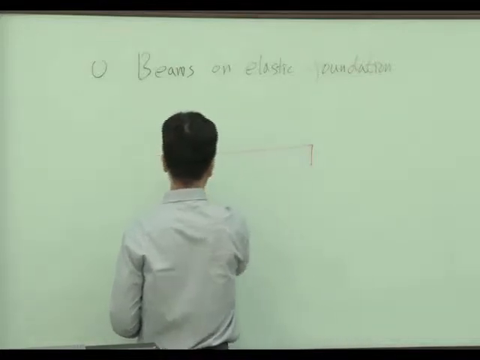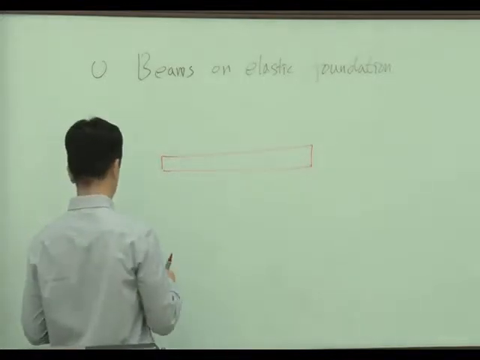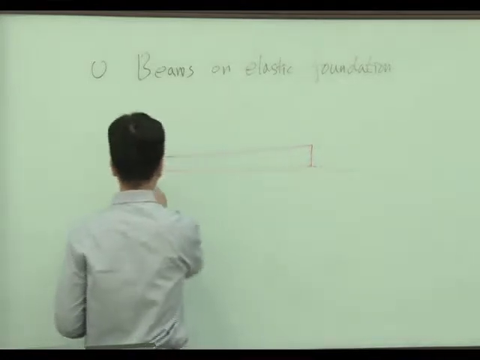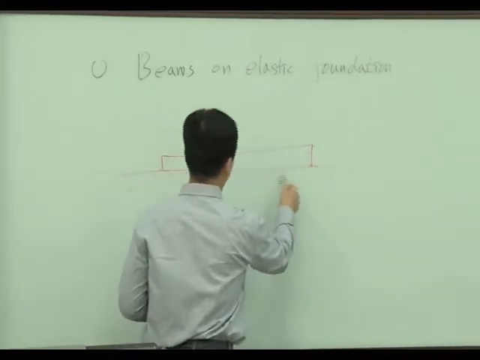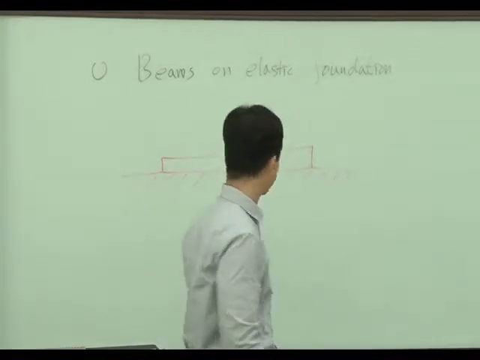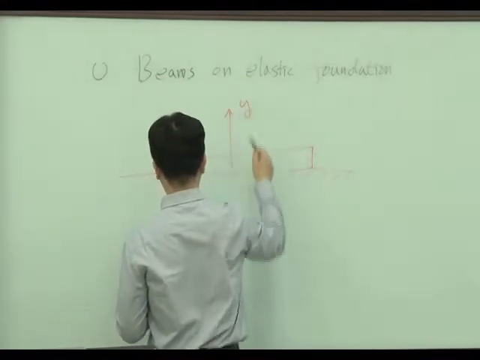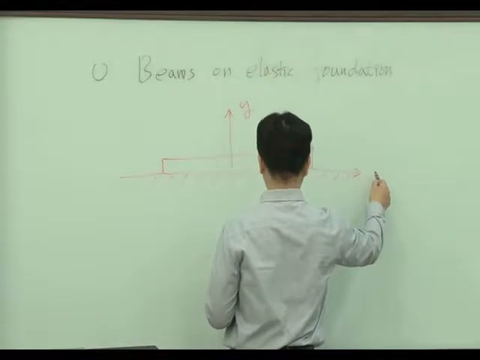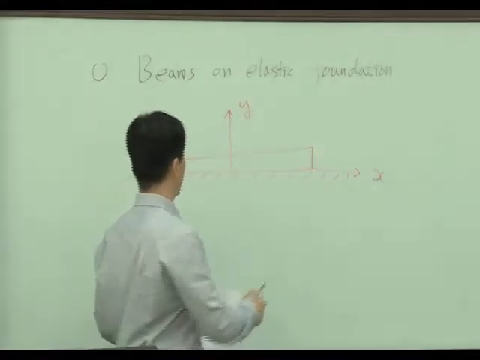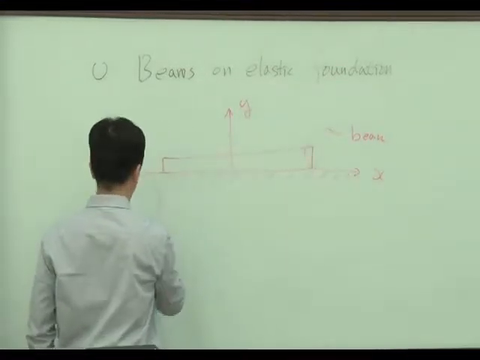So here we have a beam. I put this beam on some foundation. You can think you put the beam on the soil, okay? And y is a vertical axis, x is a horizontal axis, and this is the beam, and this is an elastic foundation.